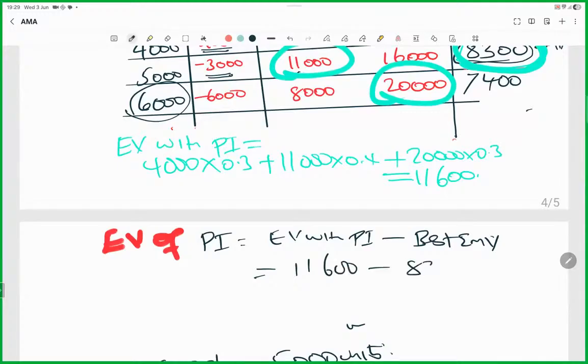Best EMV is 8,300. Which will end up giving us what figure? 3,300. Yeah. We are done. Is it justified? The students who got it right. Who has a question? Check columns, the states of nature, each with probability. Yes.